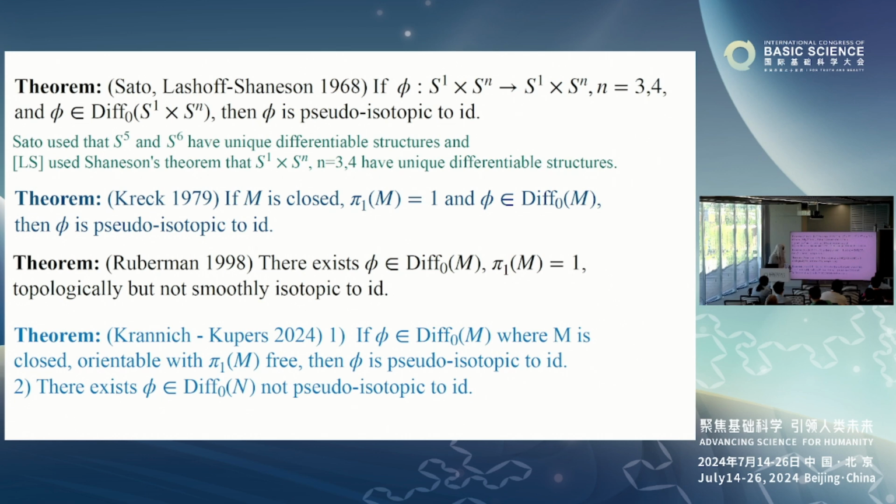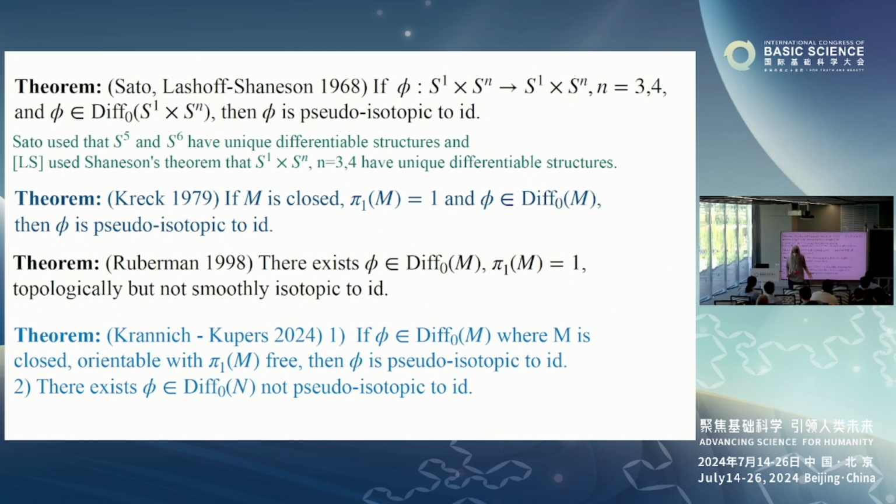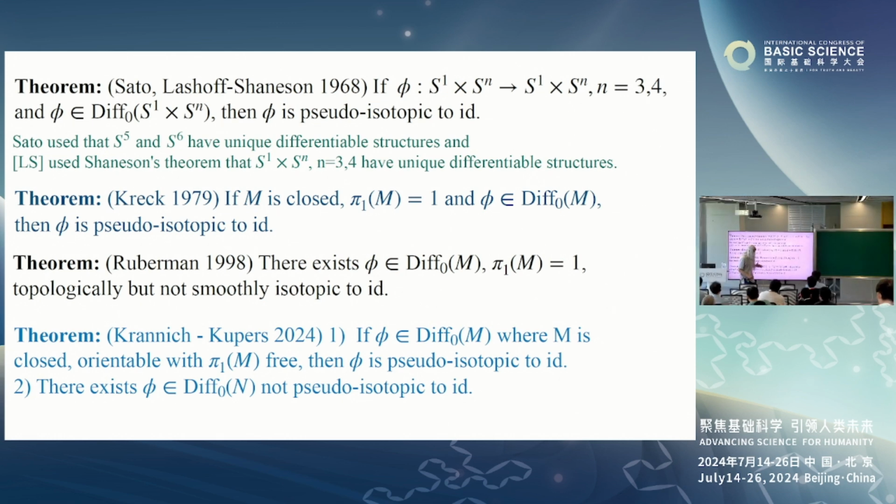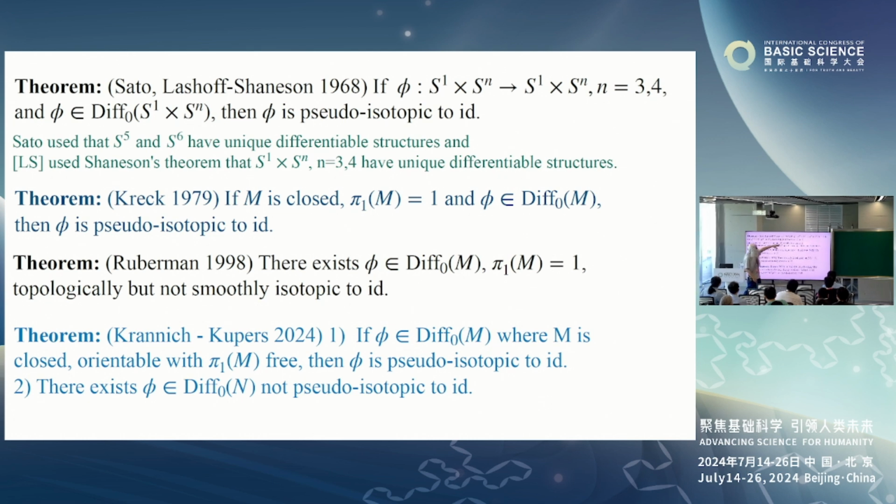It's a very short argument, but what powers it is Shaneson's thesis, which showed that there's a unique differentiable structure on S1 cross S3. So the argument I gave for a unique differentiable structure on the 5-sphere implies the gluing map is pseudo-isotopic to identity. In the same manner here, you can.